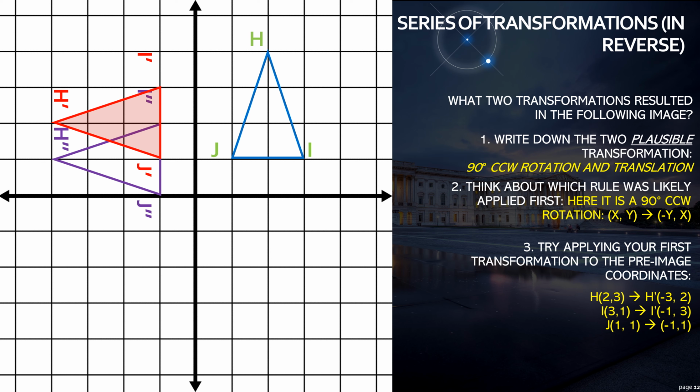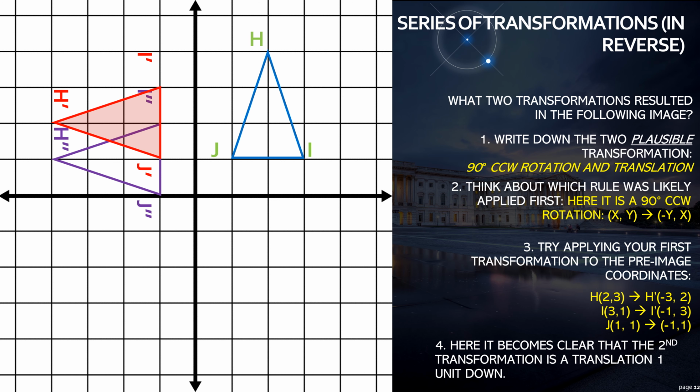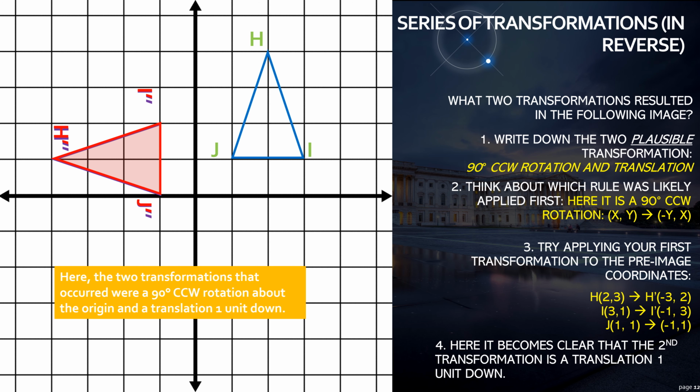And here, as you can see from my graph, it looks like the second transformation was a translation 1 unit down. So that would be my 2 transformations to get me my final image. So my 2 transformations that occurred were first a 90-degree counterclockwise rotation about the origin, and then a translation 1 unit down.